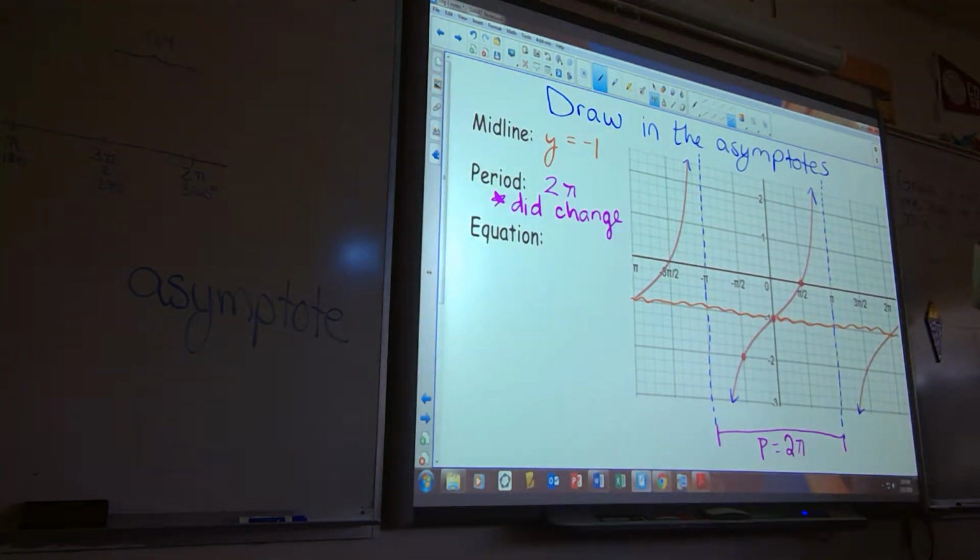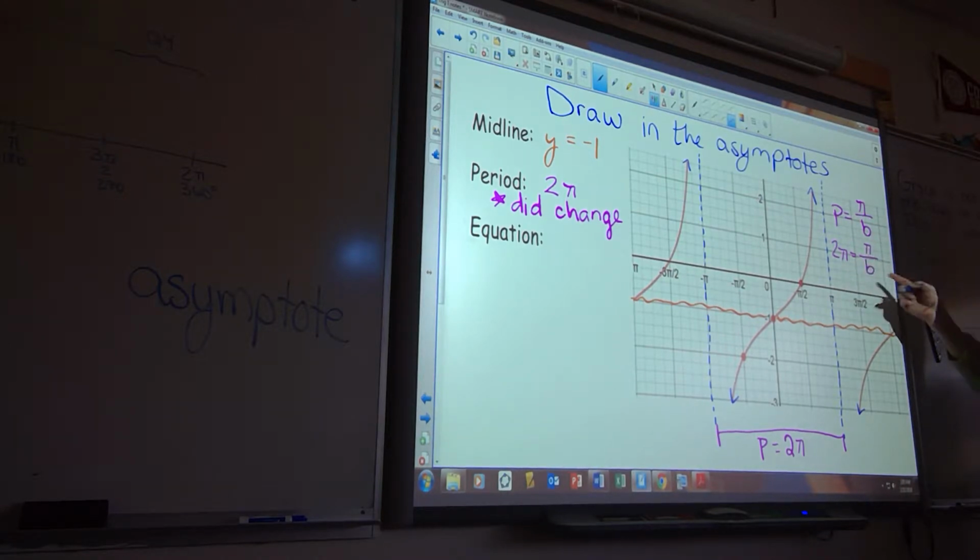So you could start thinking about that. We could go ahead and use our formula. P is equal to pi over b. What we need is the b. Okay, so I'm going to have 2 pi is equal to pi over b. So what would b have to be so that this works out? No, remember, tangent has a different period length.